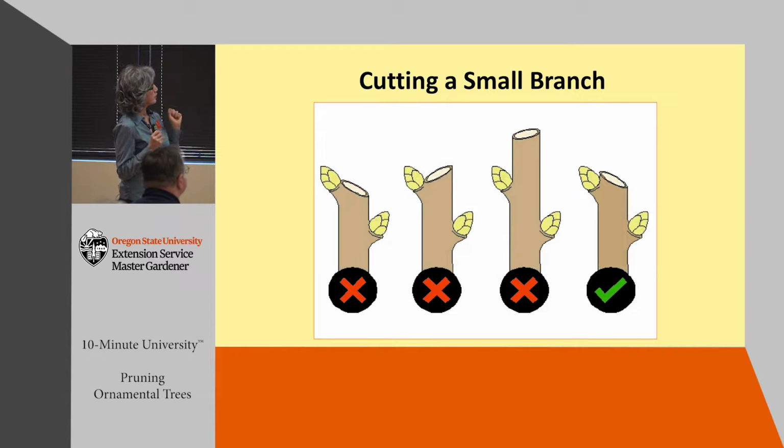Okay. So the proper way to make a cut, if it's a small cut, we cut at an angle, 45 degrees roughly, and it should be pointed away from a bud. So the picture on the right is the best way to make the cut. And the three on the left are not good. One is cut too close to the new bud.